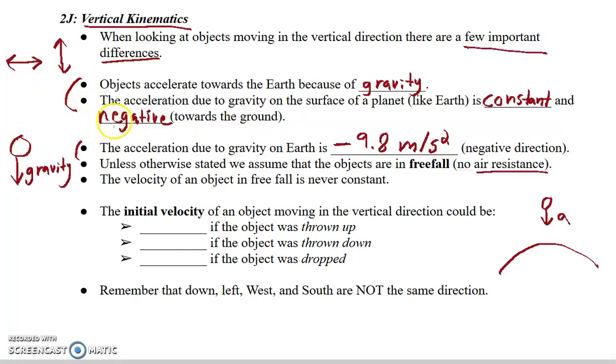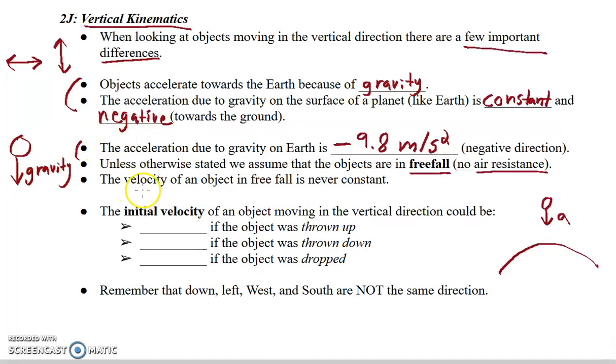Unless it states otherwise, don't worry about air resistance. You can assume the only source of acceleration is gravity.